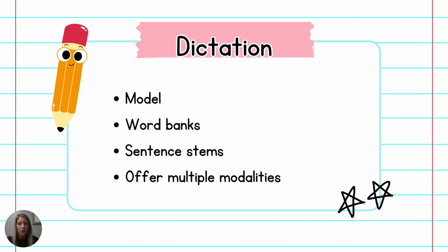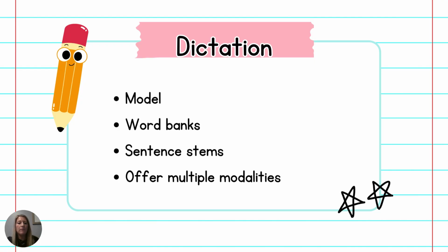And then if you have certain words that you want them to use from the word sort, you can bring that over into the dictation, the writing application. So you can have the students write the sentences using the words from the sort. For example, you could have them say, the phone is stuffed in the bag. And you could use that as an example and model that for them. And then have them write that also.